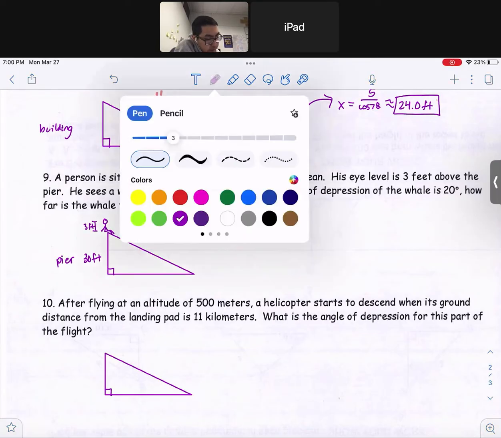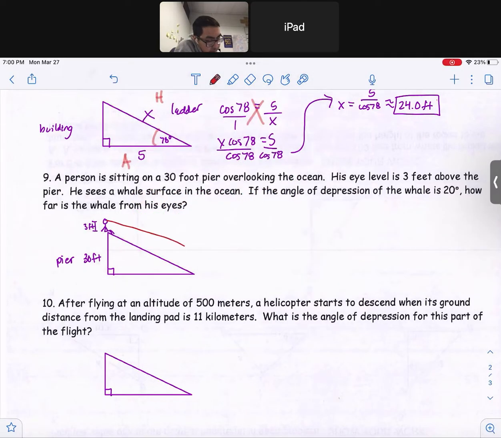So from this person, they're peering down and they see a bunch of whales there, right? If the angle of depression from the person's eyesight is 20 degrees, which is also the same thing as the angle of elevation, how far is the whale from the eyes? So the whale from the eyes, you guys, is this distance right here.